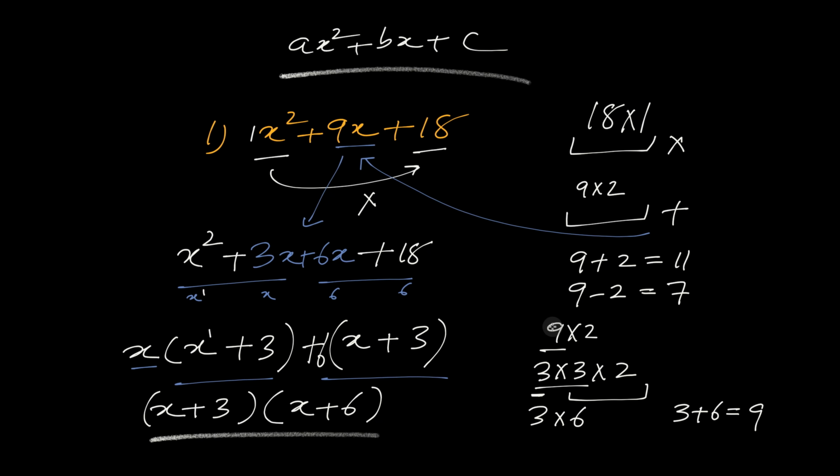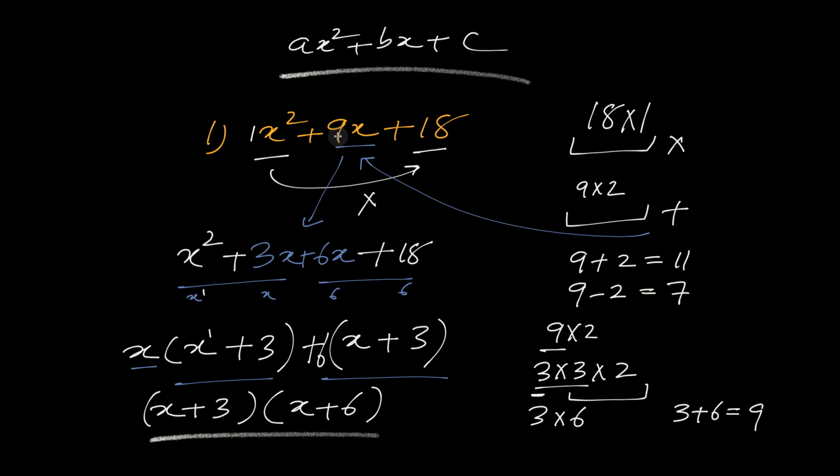It again remains 9, and then the next number is 2, but we have taken the first 3 as it is. Then 3 into 2 is 6. Now the product of 6 into 3 is 18, and if we add these two numbers, we get the center number. That's why we have taken 3 and 6.